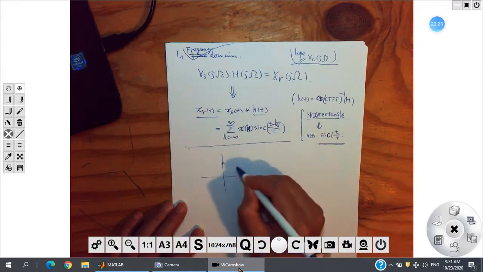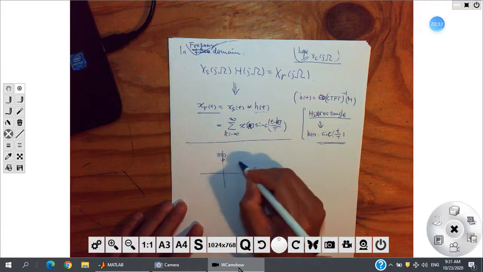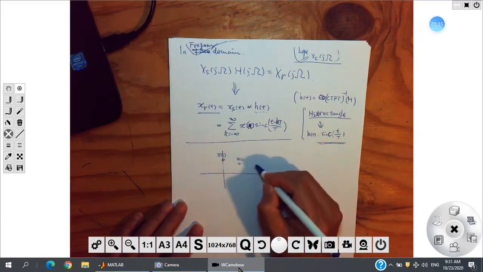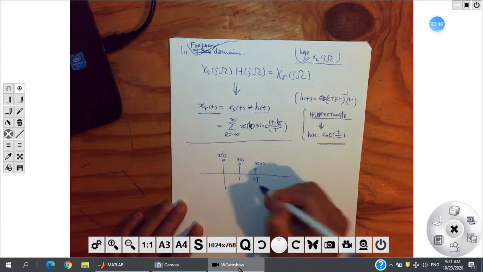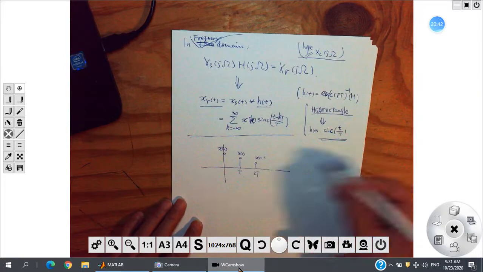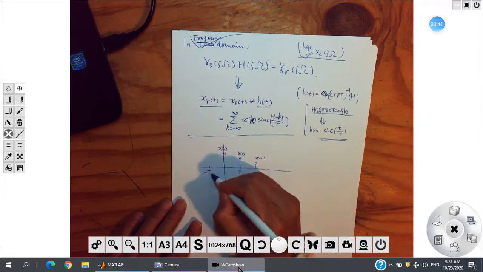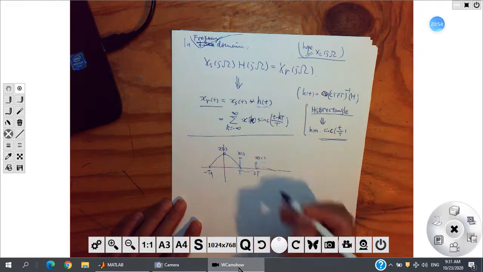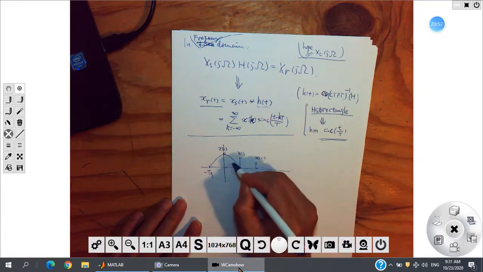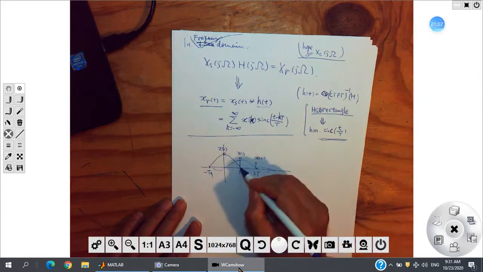Suppose I have sample values. This is x of 0, this is x of 1, this is x of 2, and here's T, here's 2T. And the sinc function at negative T, at zero, will look like this, and here will be another one, and here another one.